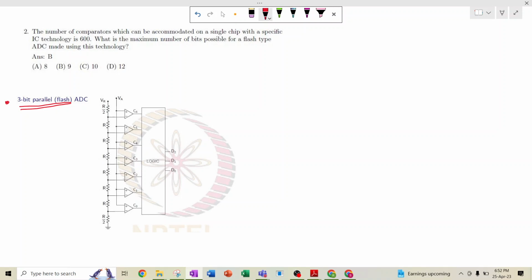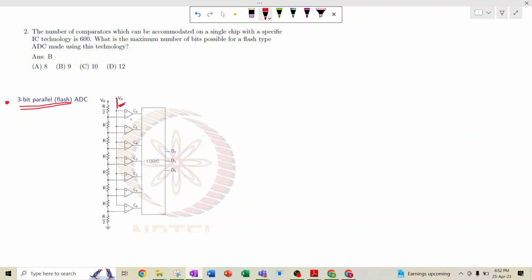This is a 3-bit one, as we have already discussed. Here is how it operates, just in brief. Here is a voltage VR, which is the reference voltage given, and there is some resistance in the path. The analog signal which we need to determine is fed to the positive terminal, the non-inverting terminal, of all the comparators.